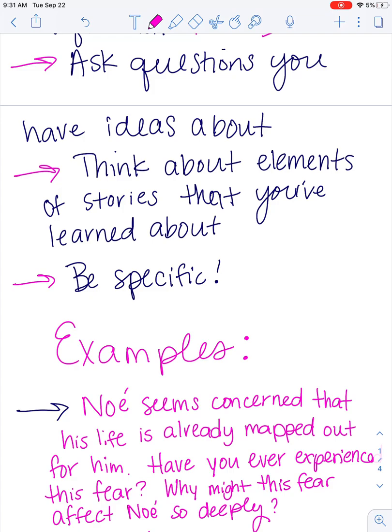But you can see how that's a very specific question. I didn't just say, what is the main character worried about? Because then I just get a straightforward answer. We just look at the book and say, here's what he's worried about. Instead, we're asking about that worry a little more.